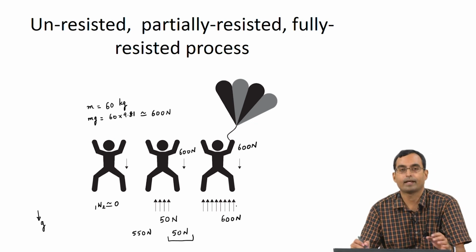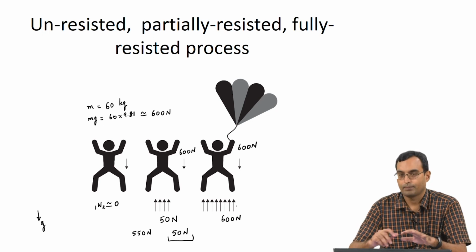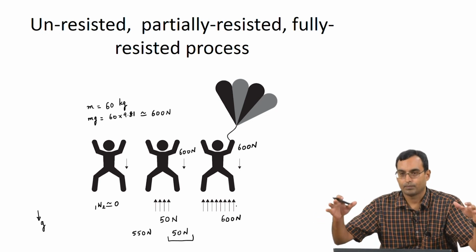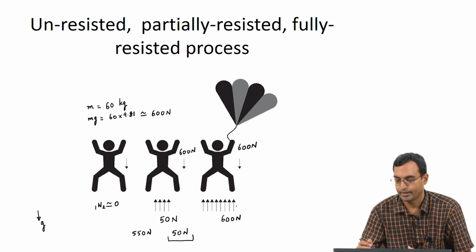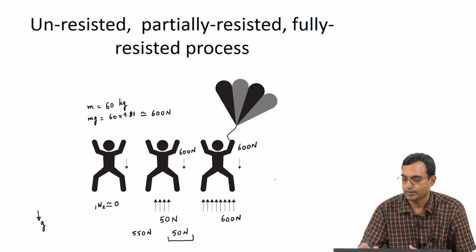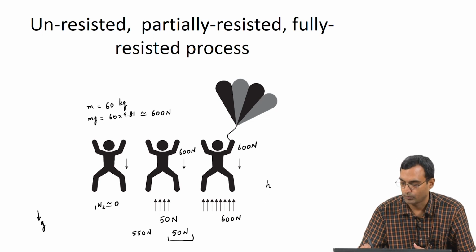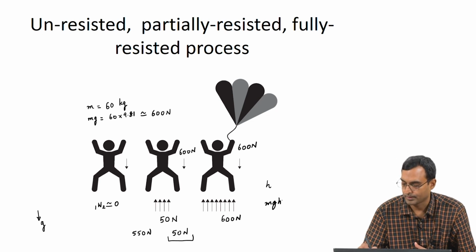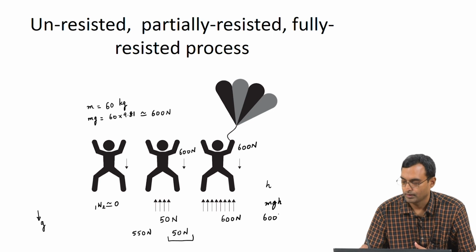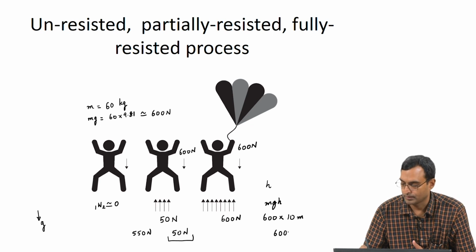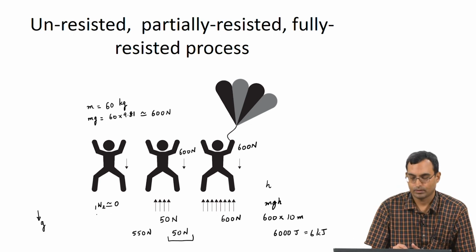Because of the parachute and air resistance, the parachute is completely providing resistance so that the person is not accelerating anymore. In this case, if the distance travelled is say h, then the work would be mg times x. So, it is essentially 600 into whatever is the distance. If we travelled say 10 meters like this, then the work would be 6000 joules, which is essentially 6 kilojoules. So, over here there is no resistance, so the work is 0.